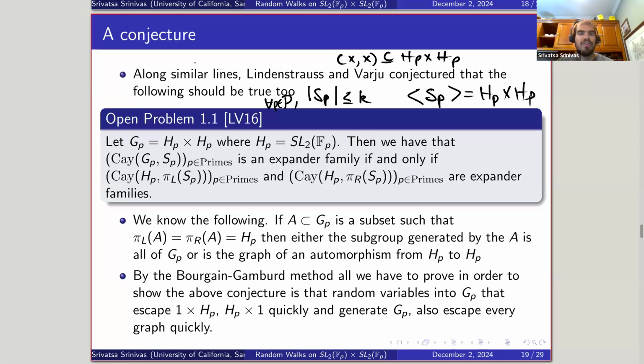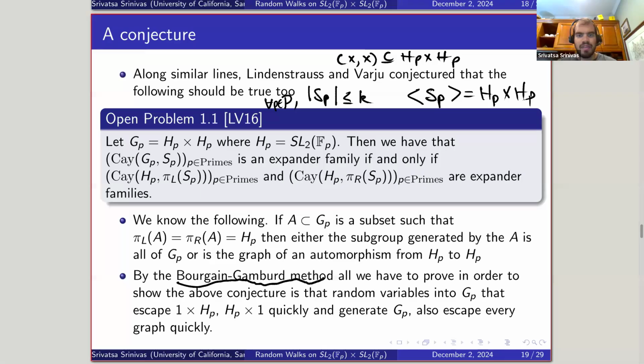So, if you know that you project fully onto the left and fully onto the right, and you generate the full group, then you generate the full group. Okay, so what we do is we leverage the Bourgain-Gamburd method, and now all we have to say is the probability of being trapped in the graph of an automorphism is exponentially small.